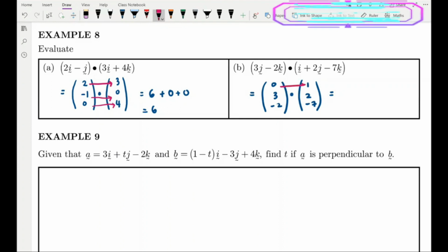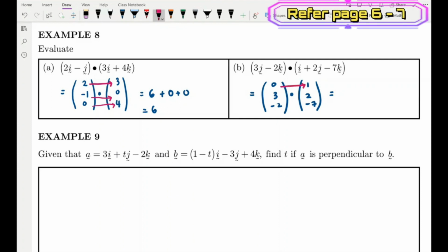Each element we just multiply. So we get 0 plus 3 times 2 plus negative 2 times negative 7. 3 times 2 is 6, plus negative 2 times negative 7 is 14. So the final answer is 20.